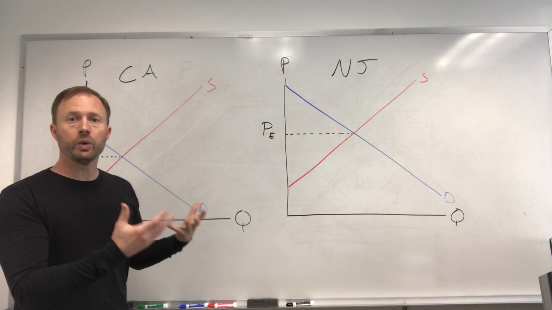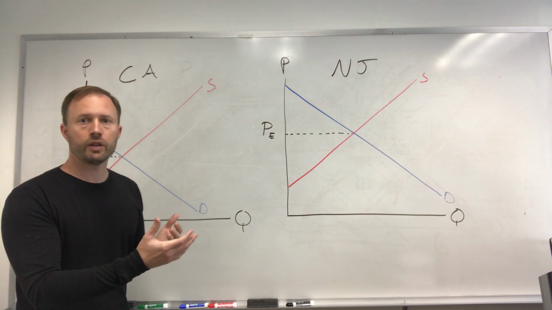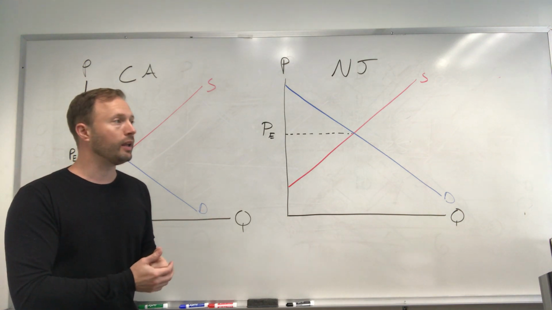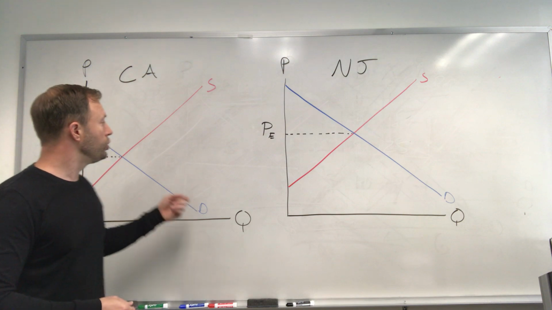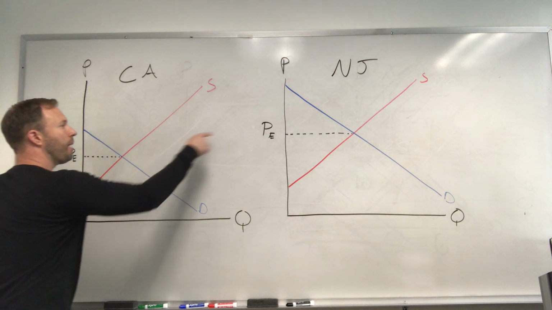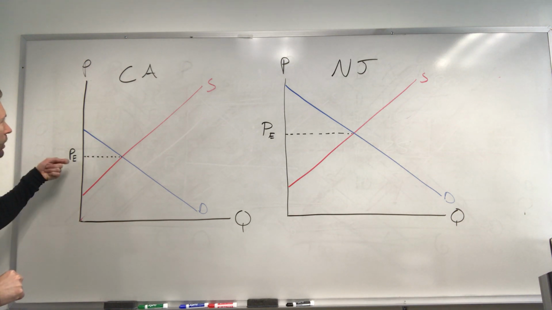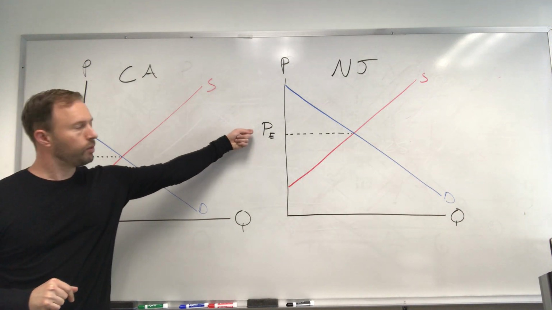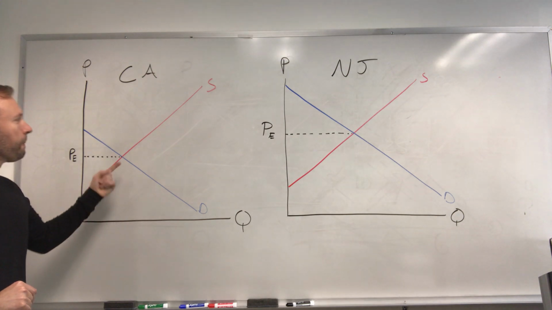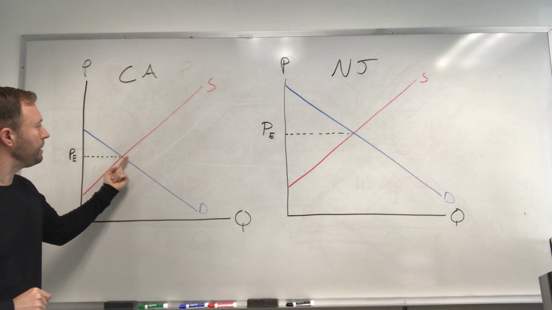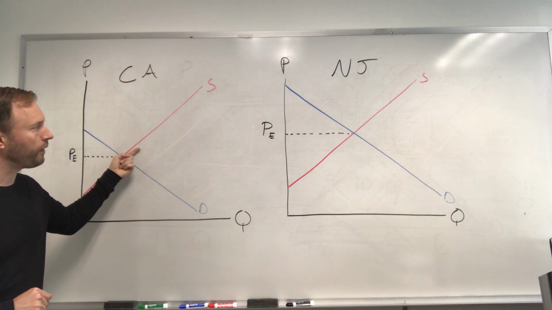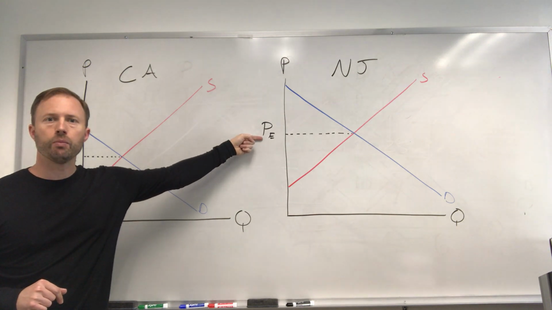But what matters really for answering this problem, if something like this showed up on the midterm exam, would just be to note that there is a profit opportunity if the prices can change. Okay, that low prices in California, coupled with high prices in New Jersey, is going to incentivize people to move the resources from where they're valued less to where they're valued more.